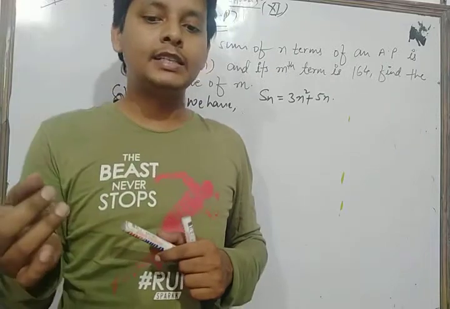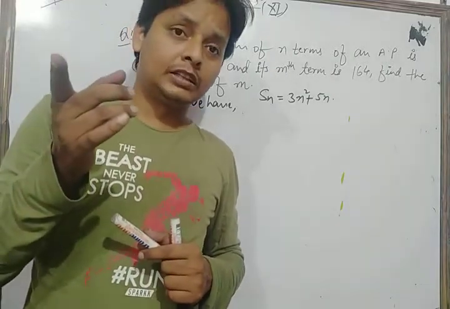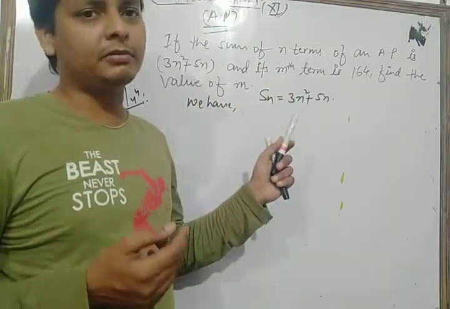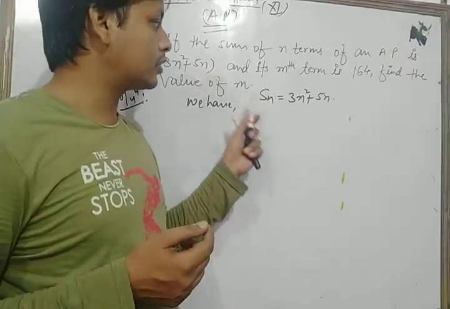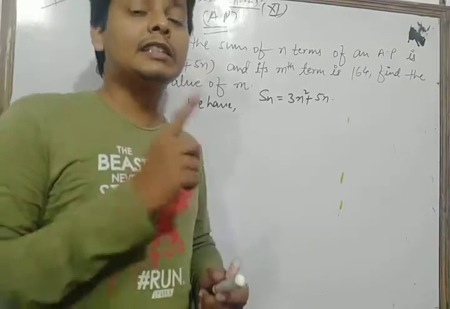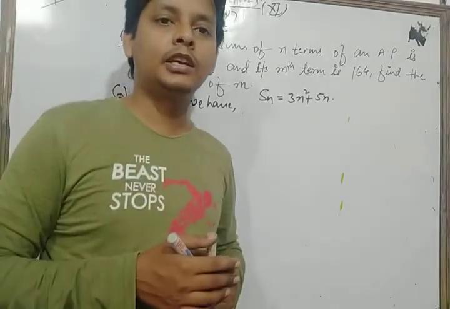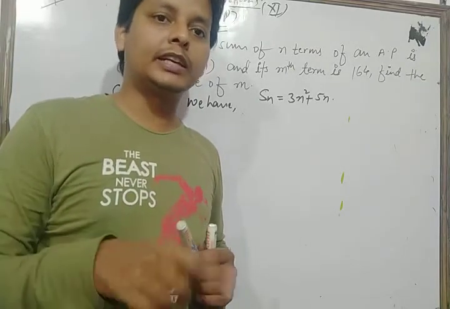After that we replace n by m, so we get the mth term. So first we have Sn. Now we replace n by n minus 1, so we get Sn minus 1.